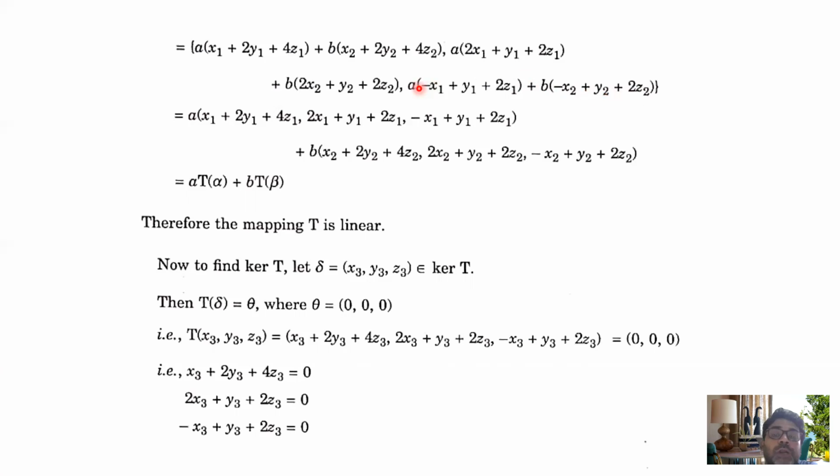So what we are doing basically is very simple. I'm taking A common and B common from the first part, A common and B common from the second part, and A common and B common from the third part.